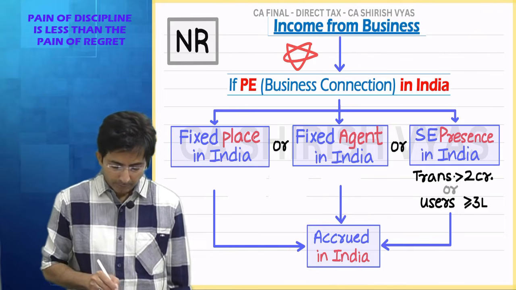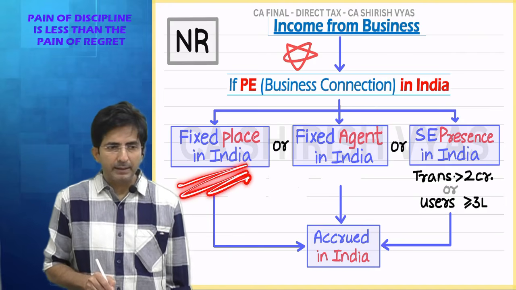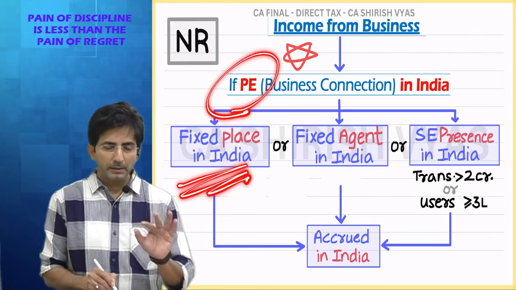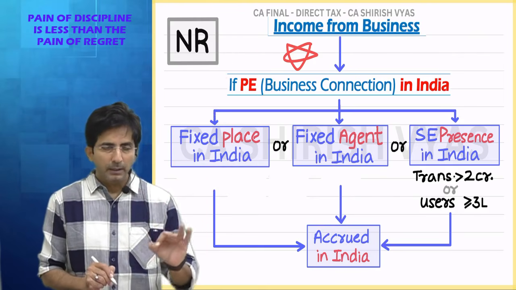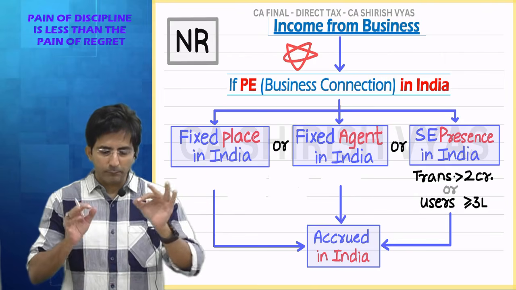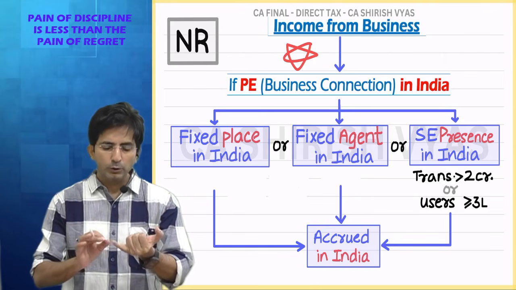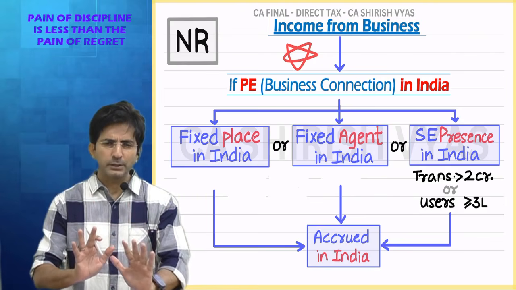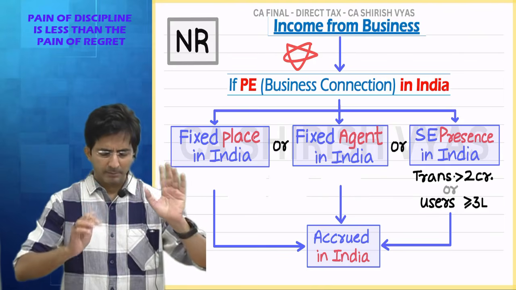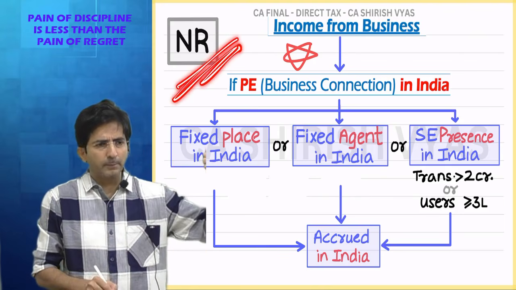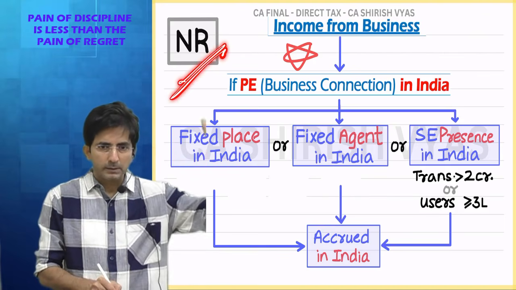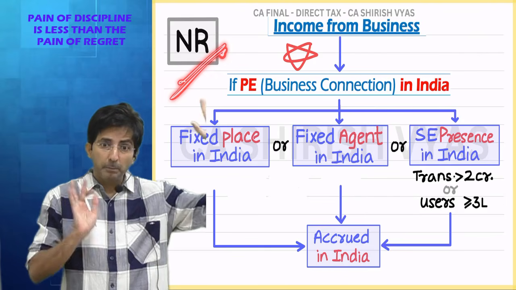Now see, a fixed place in India is generally called PE in India, but there are exceptions. If the non-resident has a fixed place in India for storage purpose, only for storage, means imagine some non-resident of Singapore, keep that in mind, this non-resident is of Singapore, means he is having a big business.